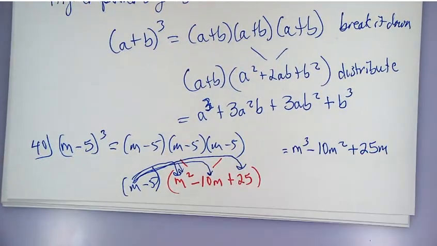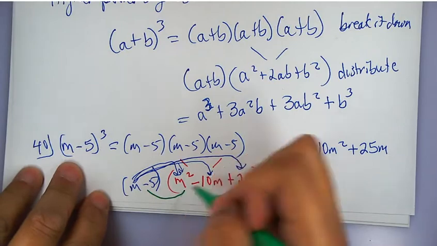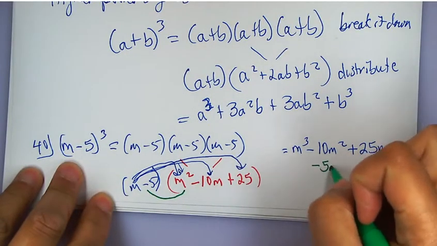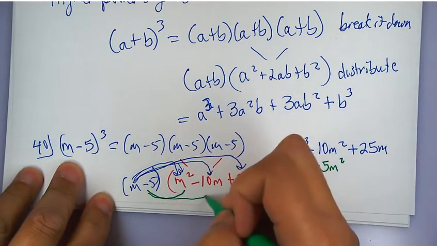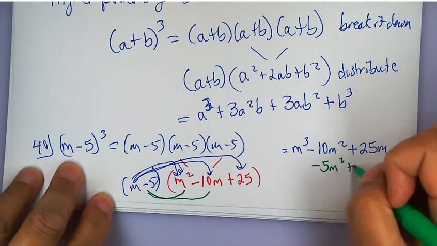Okay, so now let's do the second one. Let's do a different color. Let's pick green. There we go. So now we're going to do negative 5 times m squared, so I get a negative 5m squared. Negative 5 times negative 10m, so I get a plus 50m.